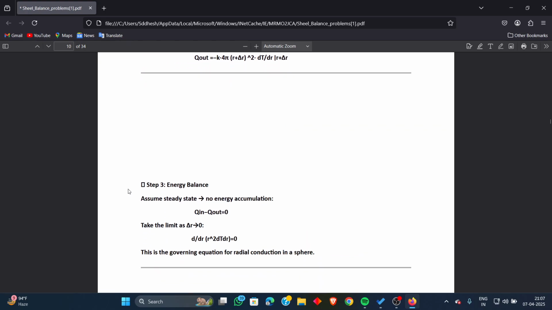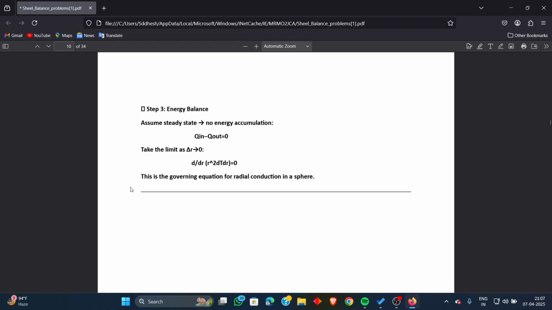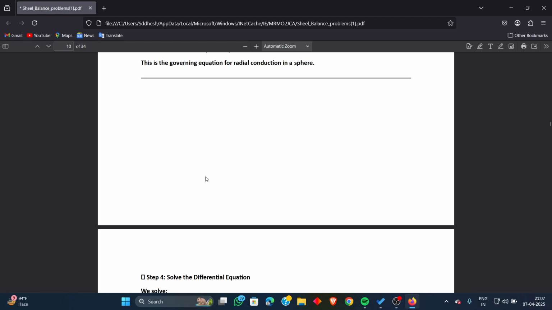Step 3, energy balance. Assume steady state, no energy accumulation, Q in minus Q out is equal to 0. Take the limit delta r tends to 0. So we get d/dr of r squared dT/dr is equal to 0. This is the governing equation for radial conduction in a sphere. You have to remember this is the governing equation here.